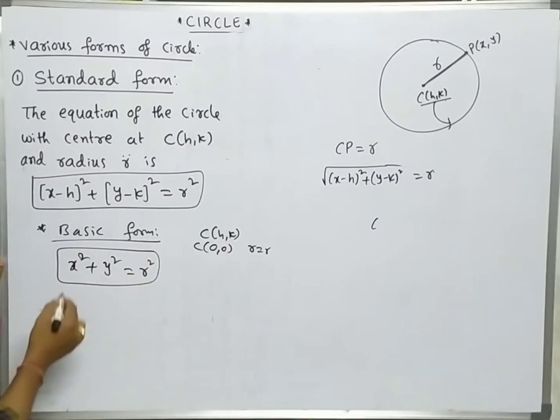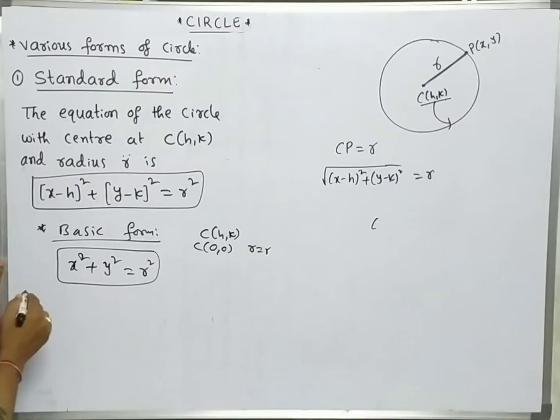So x square plus y square is equal to r square is also a standard form, where the center is located at the origin and the radius is r.